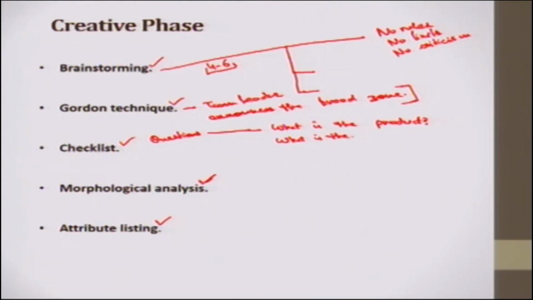What is the cost of the product? What does the product do? What else will do this job? What does that cost? This else, the other idea. In this way the list is made.